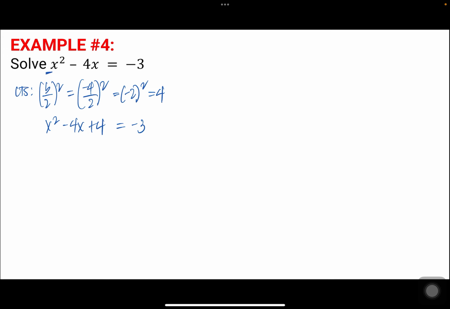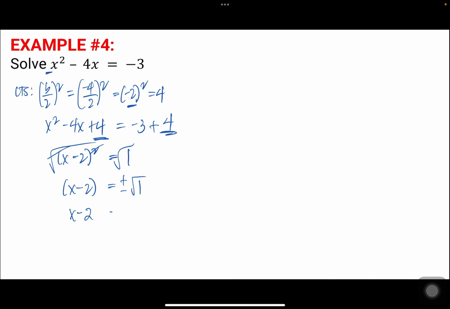So, if we add in the left side, tandaan nyo, mag-add din tayo sa right side ng 4. So, ito ay magiging x minus 2 squared. So, ano yung nasa loob ng parenthesis? Negative 2 squared equivalent sa positive 1. So, squaring both side, makuha natin x minus 2 is equal to positive negative square root of 1, or simplify it more, x minus 2 and positive negative 1.